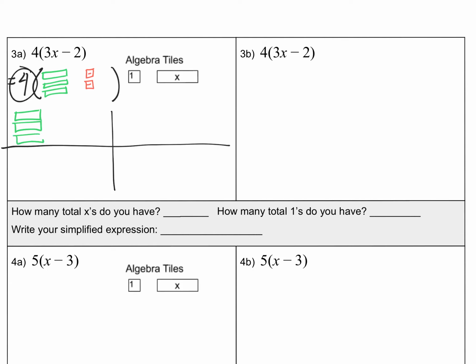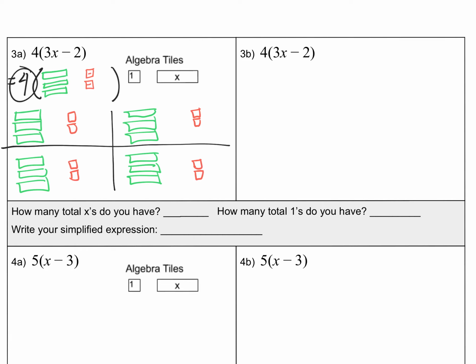So 3x pieces, 3x pieces, 3x pieces, and 3x pieces one more time. Same thing for our ones, 2 ones, 2 ones, 2 ones, and one more time.